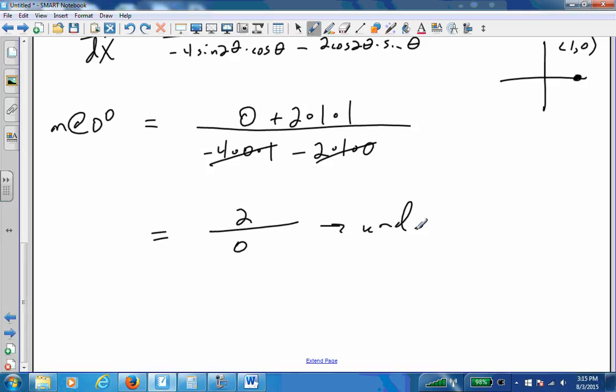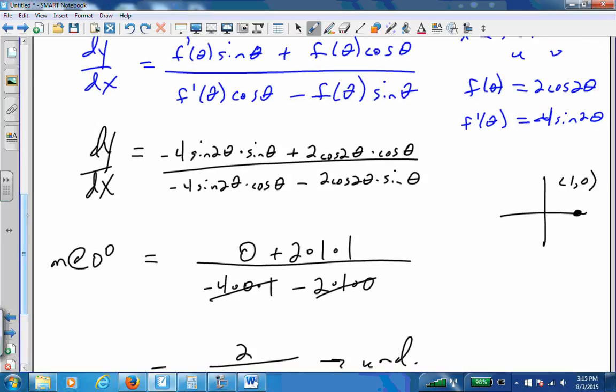So if we're asked to find when we have a horizontal tangent line, we have a horizontal tangent line anytime our numerator is 0. So the horizontal line has a slope of what? 0. So in order for this fraction to be 0, which part would have to be 0, the numerator or denominator?